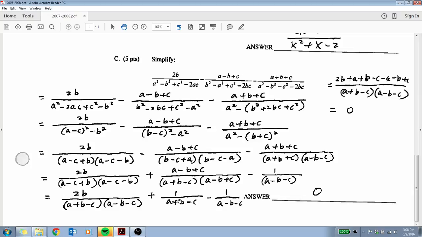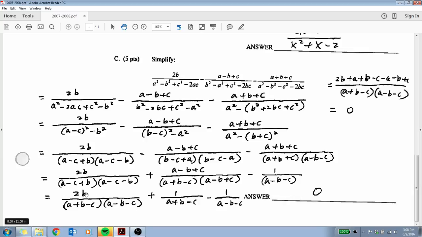Okay, and then lastly, what I want to do is combine all 3 into one fraction. So you need to find a least common denominator, which would be a plus b minus c times a minus b minus c. That's going to be my denominator.